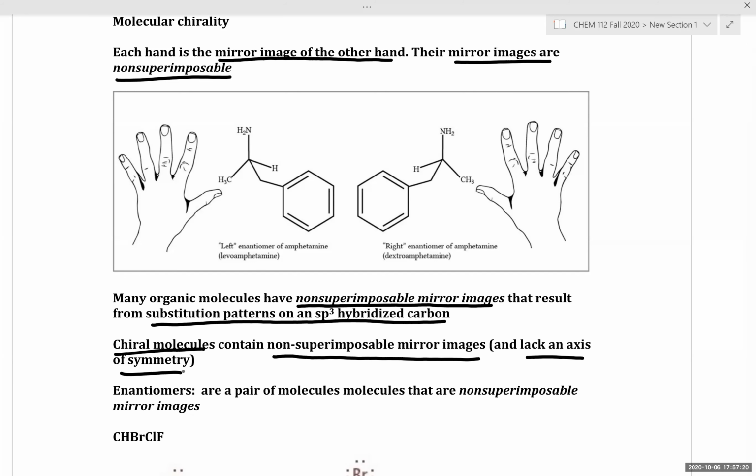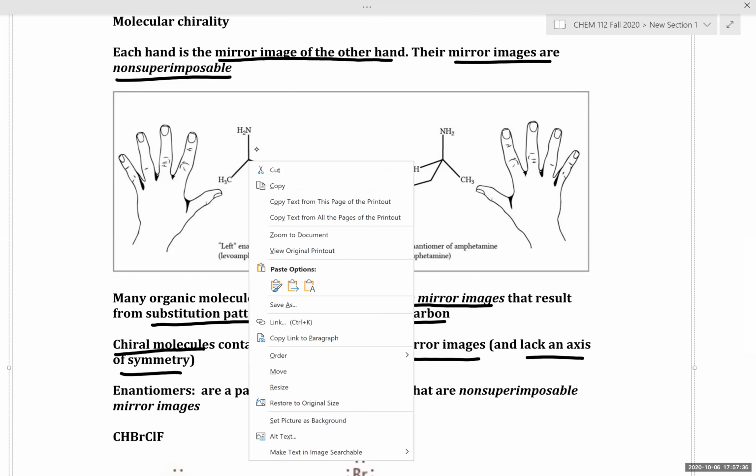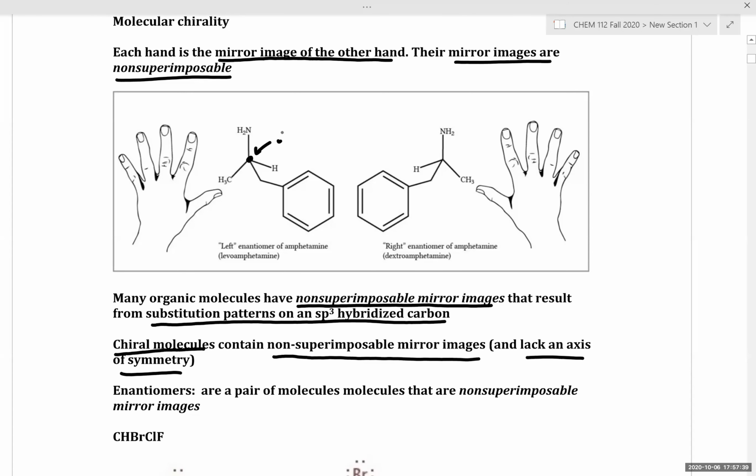Just like our left and right hands are non-superimposable mirror images, in many cases we have organic molecules where, as the result of substitution at our sp3 hybridized carbon atom, we end up with two unique structures that are non-superimposable mirror images. We call a pair of molecules that are non-superimposable mirror images enantiomers.